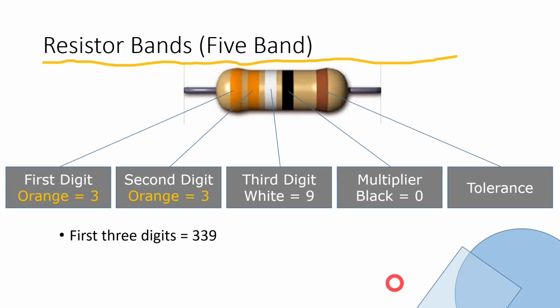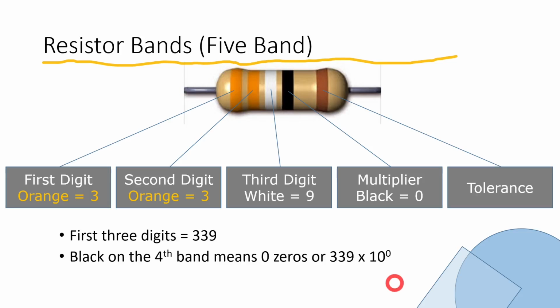So we have 339 for our 3 digits. And the fourth band has 0, so it is 339 times 10 to the 0th power, which is the same thing as times 1, because any number to the 0th power is 1. So we're not going to put any zeros on the end of this.